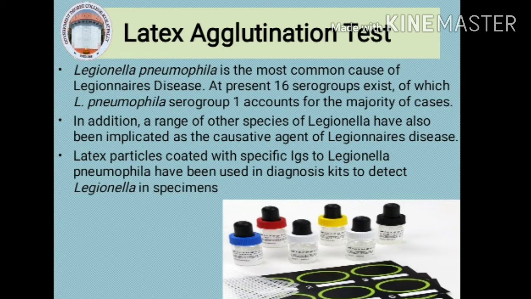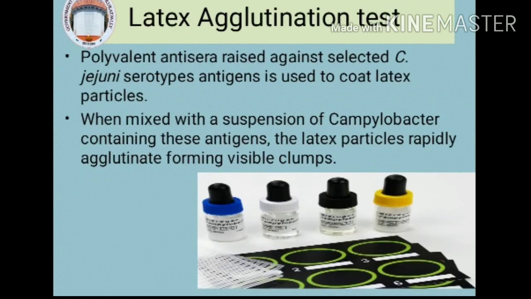To these latex particles, a suspension of Campylobacter isolate is mixed. Agglutination or clumping indicates a positive test. By using this latex agglutination test, Campylobacter jejuni isolates are identified and serotypes are identified.